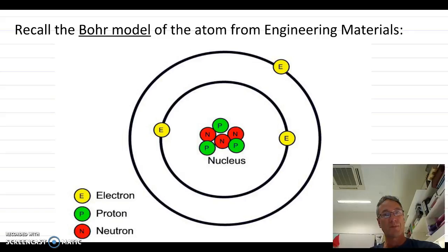You would have had some prior experience or knowledge of atomic structure. This slide shows the Bohr model of the atom. You can see that there's a nucleus that has positively charged protons, and it has neutrons which have no charge. And then in orbitals around the nucleus there are electrons, and these have a negative charge.